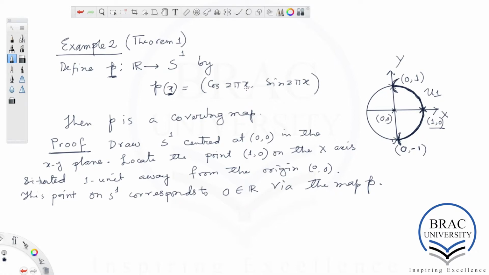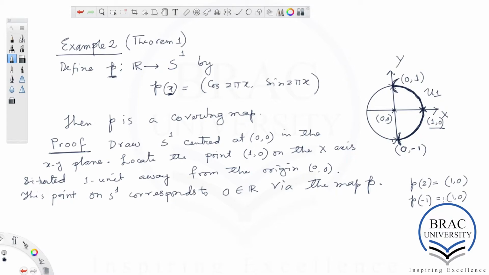Because for x equal to 2, I have cosine 4 pi, which is again 1, and for sine 4 pi, I have 0. So for x equal to 2, P of 2 is again (1, 0). Similarly, you will be able to see that P of minus 1 is also (1, 0).